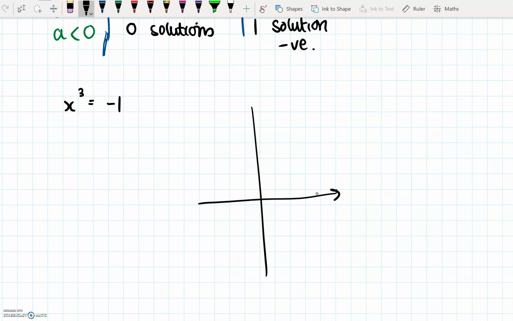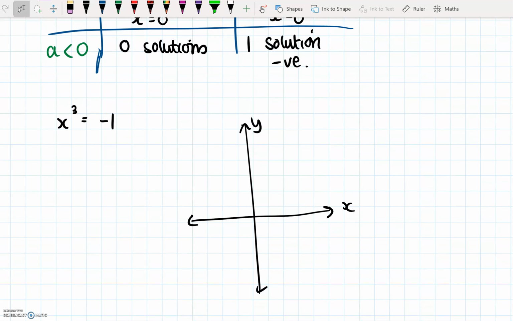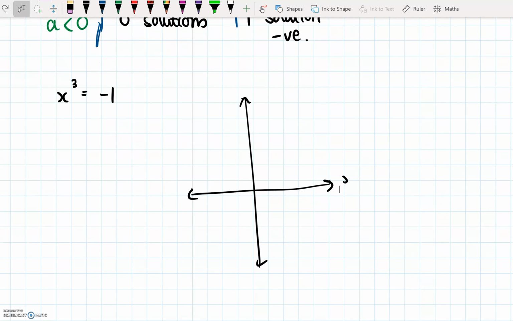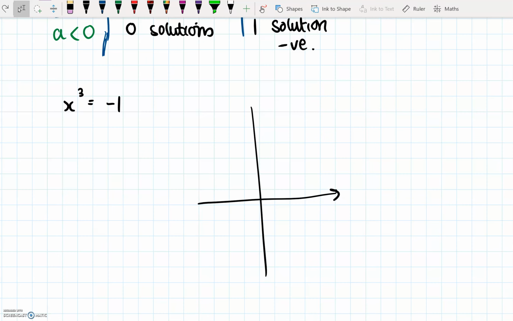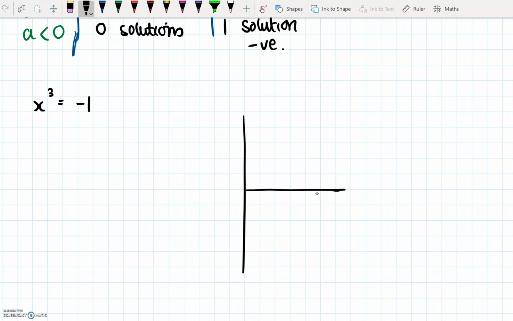Okay, here's our lovely coordinate plane, X and Y. Okay, it is a sketch, but it should at least be a little close to normal.